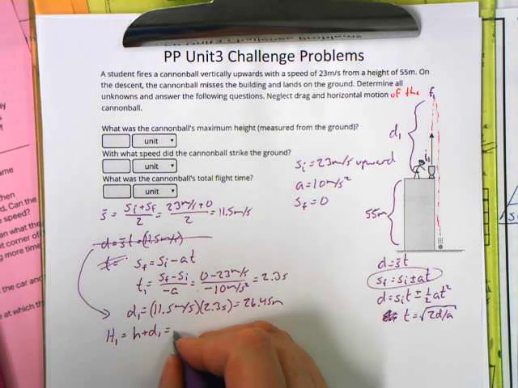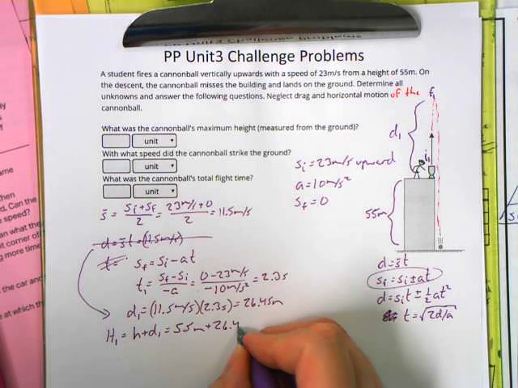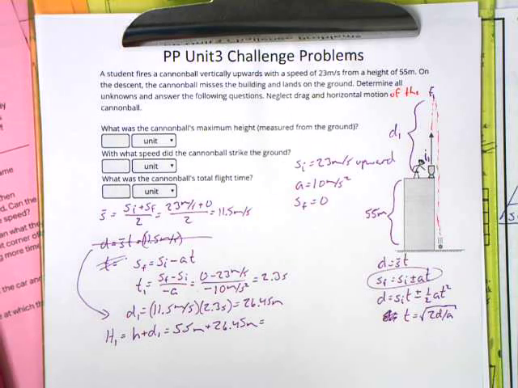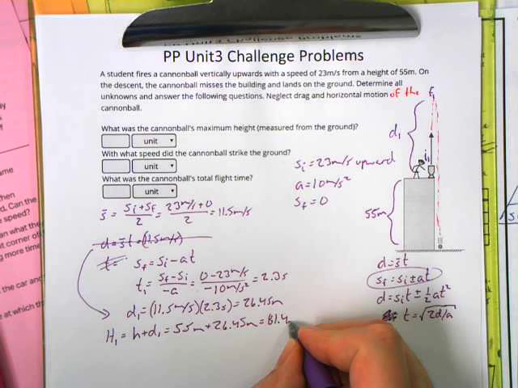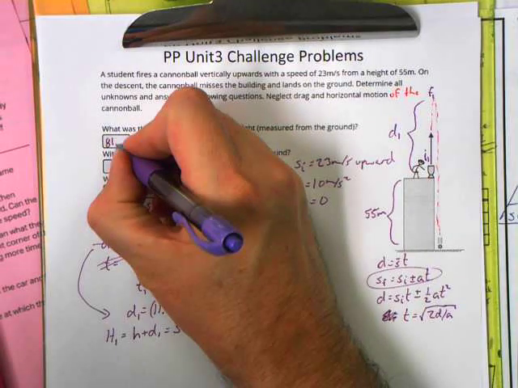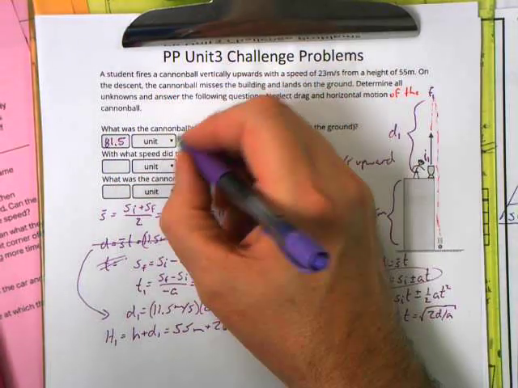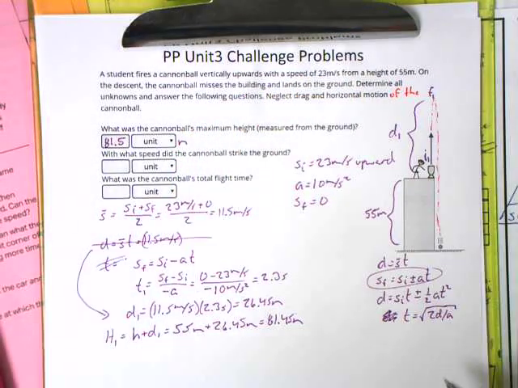Actually, I should write it down. 55 meters plus 26.45 meters is equal to 81.45 meters. That is our first answer. 81 point, the number's big enough to chop it down a little bit. 81.5, and that's going to be meters.